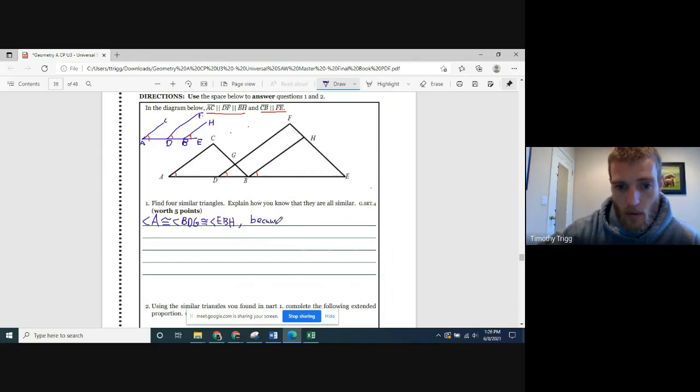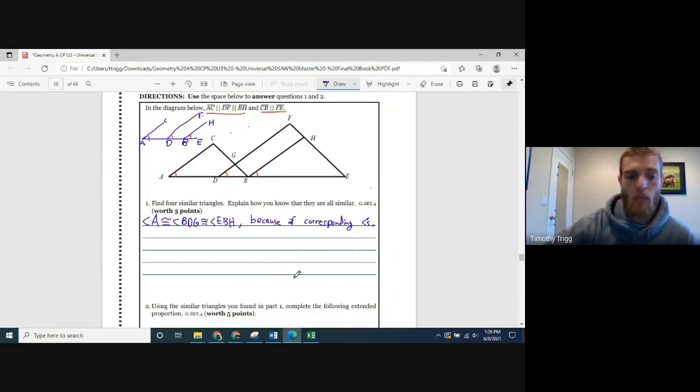Because of corresponding angles. So I hope that at least sort of makes sense, that these angles correspond to each other because of these parallel lines cut by the transversal AE.